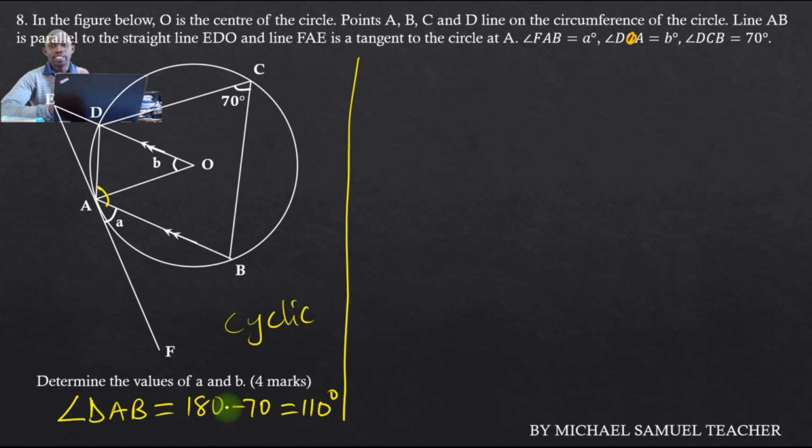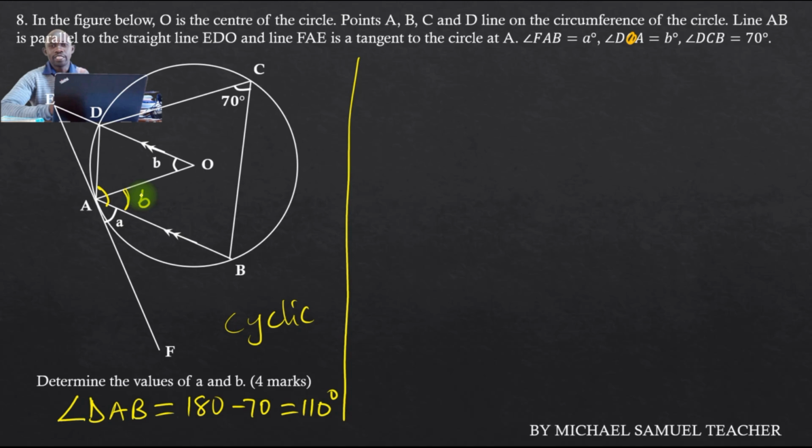Then angle DOA, which is b, is equal to angle OAB, alternating angle, since AB and OE are parallel, so they are alternating angles. So this is also b.